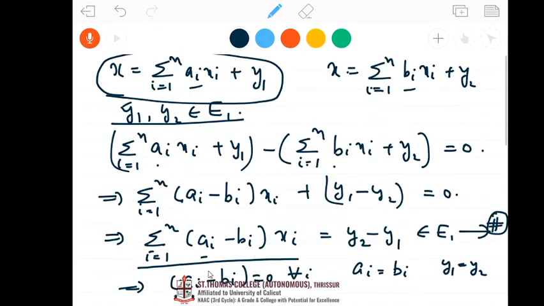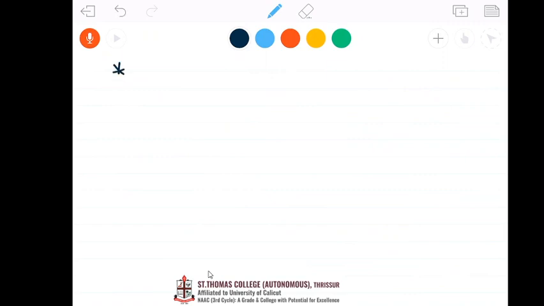Okay, then we are assuming that star is true. Star means, in the statement of the lemma, I have marked that condition as star.